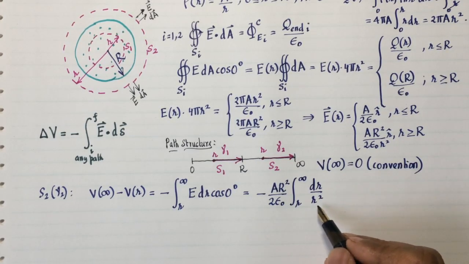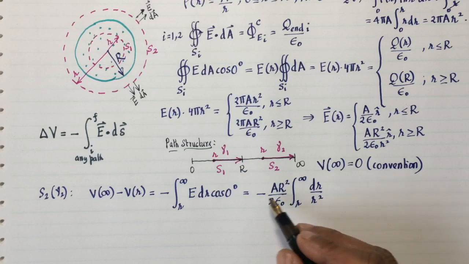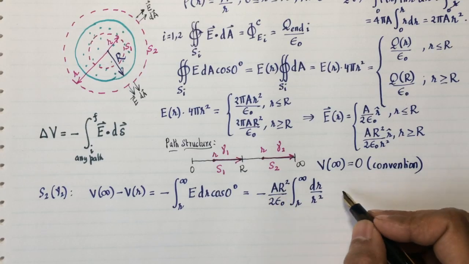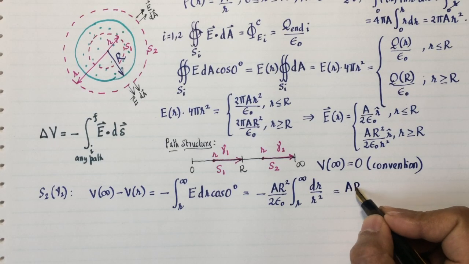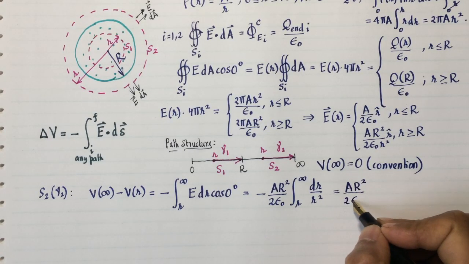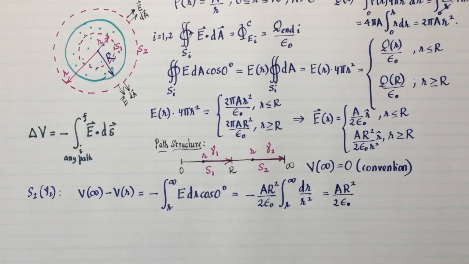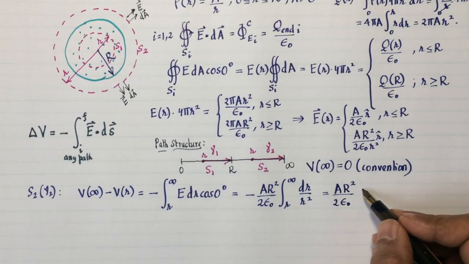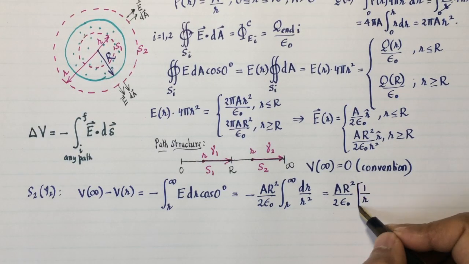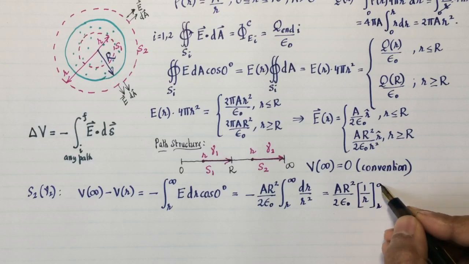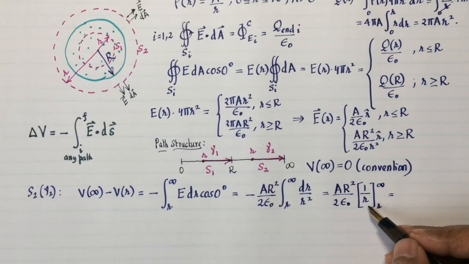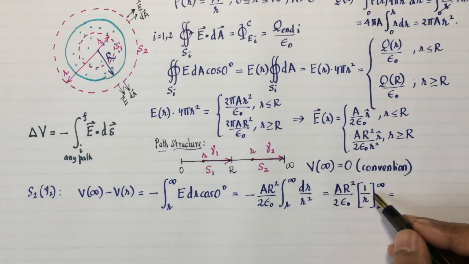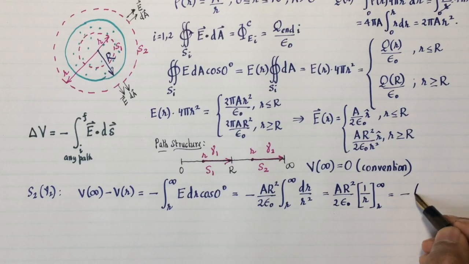That integral is just negative 1 over r, which cancels this negative sign nicely. So I'm going to get A R squared over 2 epsilon naught times 1 over r evaluated between r and infinity. Now the upper limit gives me 0 and the lower limit gives me 1 over r, so the answer is negative A R squared over 2 epsilon naught r.